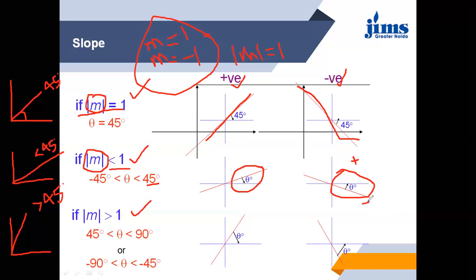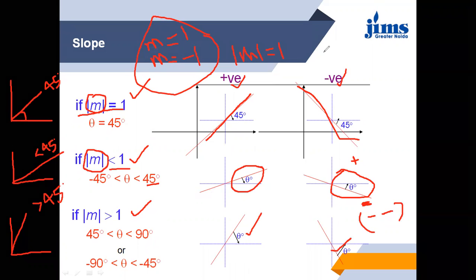In this, the coordinate system is totally negative, meaning the value of x is negative, and the value of y is also negative. In this case, same, when the value of m is greater than 1 in the positive sense and less than 1 in the case of negative.